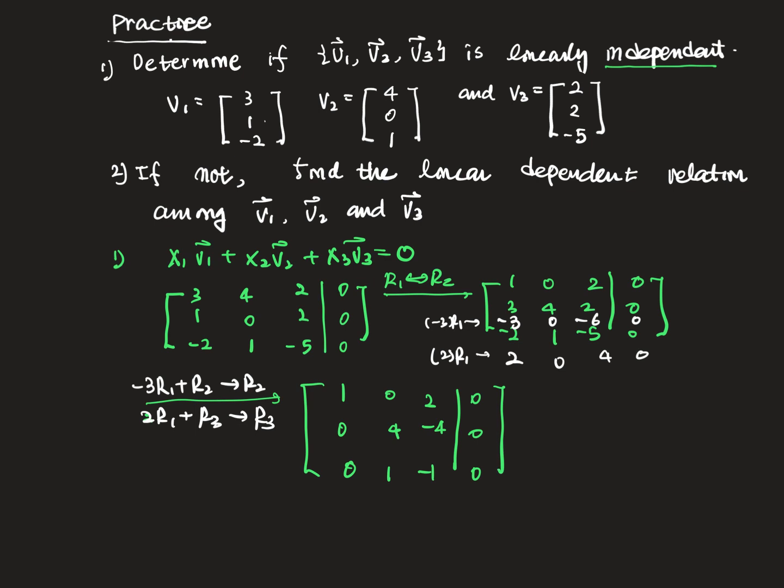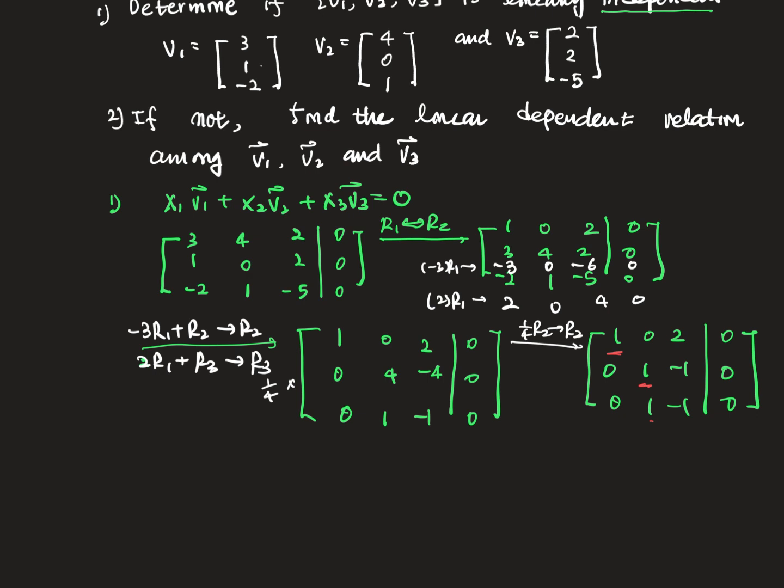Guys, make sense? Okay, look at the second row. I want to multiply the second row by 1 over 4. So your operation is 1 over 4 R2 going to R2. So you have a new one: 1, 0, 2, 0, 1, negative 1, 0, 0, 0, 0, 1, negative 1. Here is a pivot, here is a pivot. This should be 0, right? So what do you have to do here?